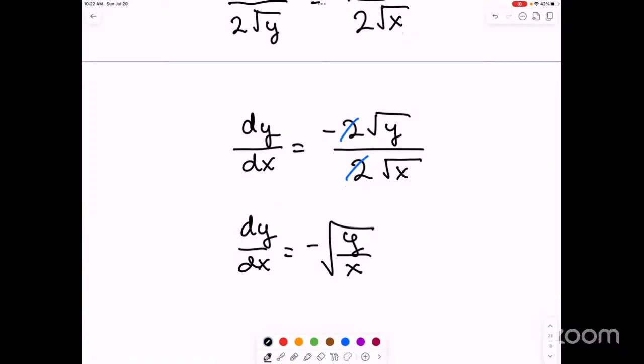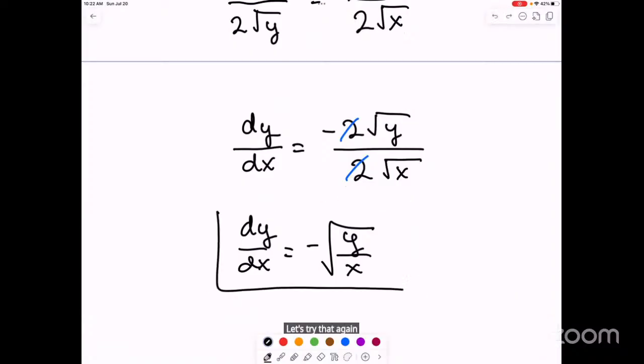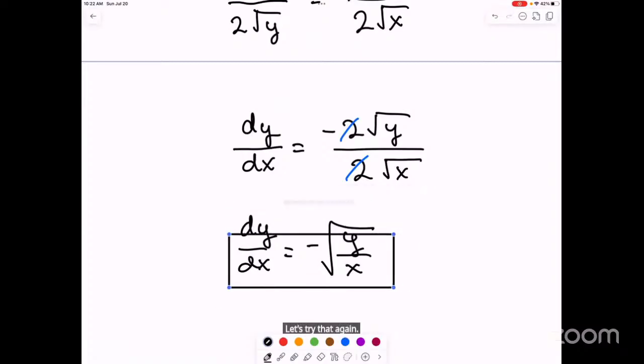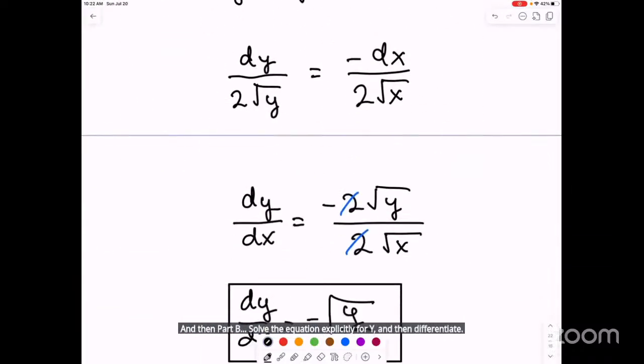Okay, so this is the result I got for that first part. And then part B: solve the equation explicitly for y and then differentiate.